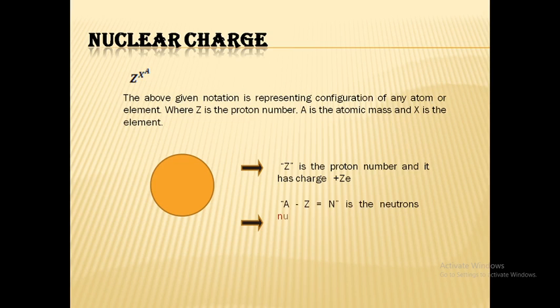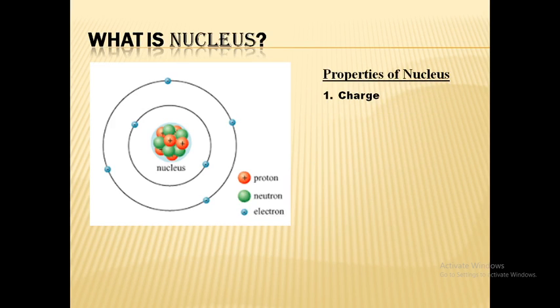Also, A minus Z, that is the neutron number, is represented by N, and it has been assumed that neutron has no charge. So the total charge of a nucleus is being occupied by protons.